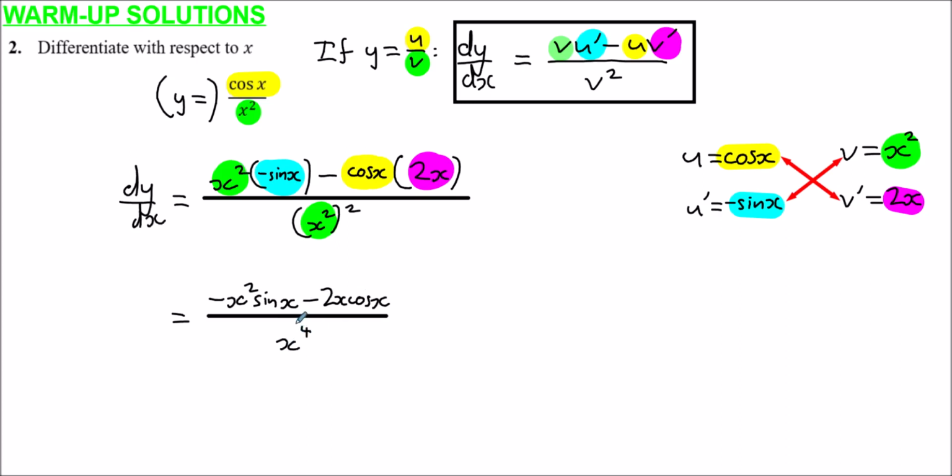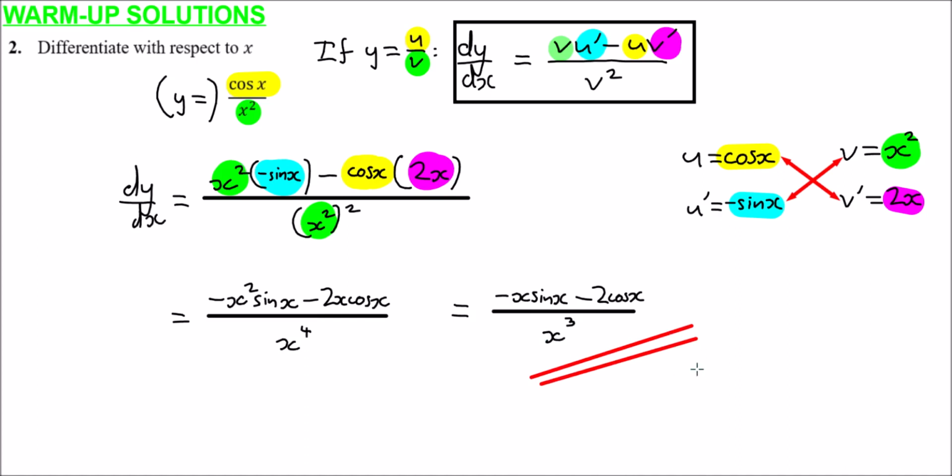And so simplifying by dividing both numerator and denominator by x, essentially cancelling, if you like, that's going to give us minus x sine x minus now simply just 2 cos x, because that x is cancelled with one of the x's here. So cancelling one of these 4 x's will leave us with x cubed. And so that's the second one sorted.